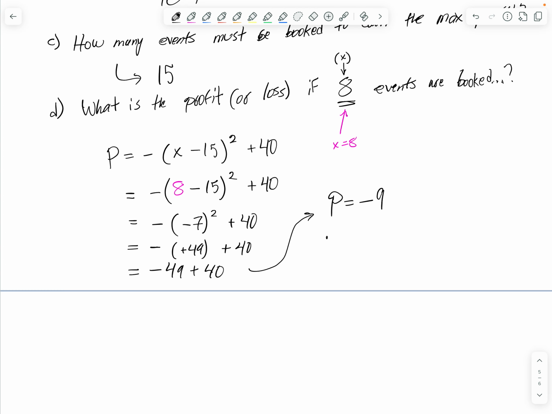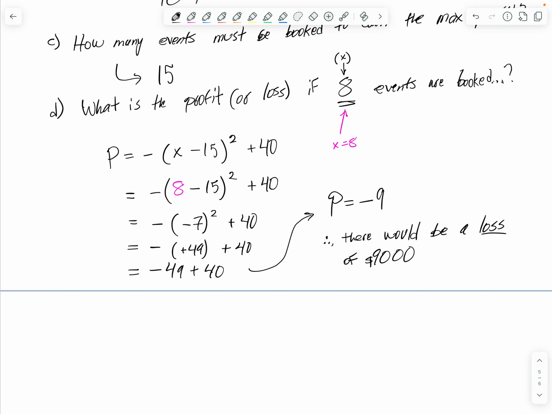So therefore, this is shorthand for writing therefore, the little three-dotted triangle. In conclusion, there would be a loss of $9,000.